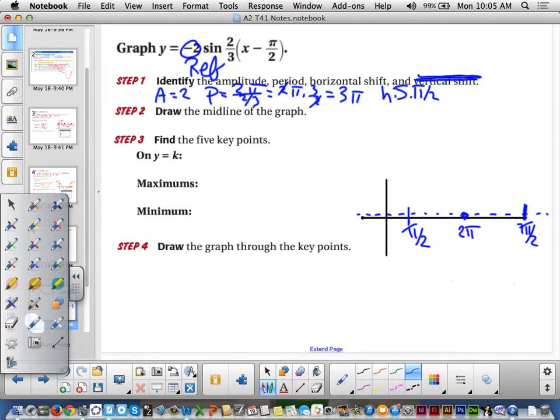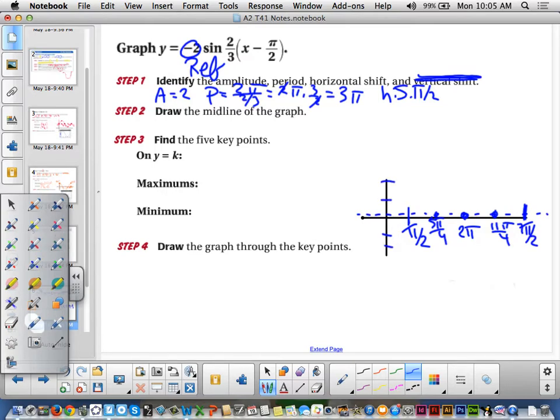All right, we'll go halfway between those 2 points, pi over 2 and 2 pi. That works out to 5 pi over 4. And halfway between 2 pi and 7 pi over 2, to find halfway, add them up, divide by 2, we get 11 pi over 4. Our amplitude is 2, so we've got to go 2 up and 2 below.